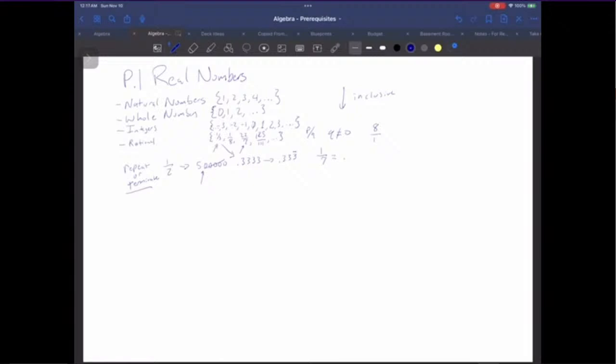So 1 divided by 7 is 0.142857, and then 142857 again, and then 142857. So you would write the bar over all the numbers that repeat, and then the rest of them would not be necessary.